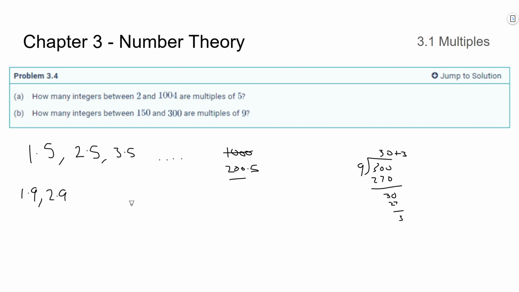So 33 times 9 would be our last one, which is a little bit under 300. So we know that there are 33 multiples of 9 between 0 and 300. Or between 1 and 300, not including 0, because 0 is also a multiple of 9.